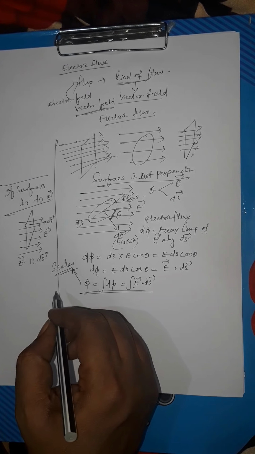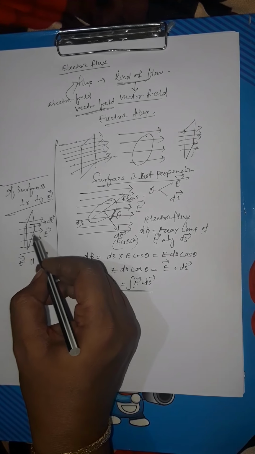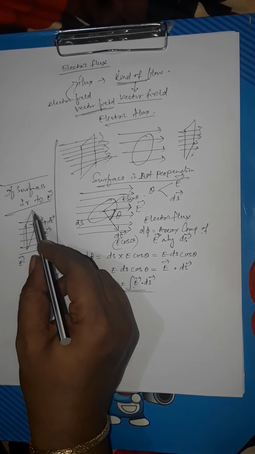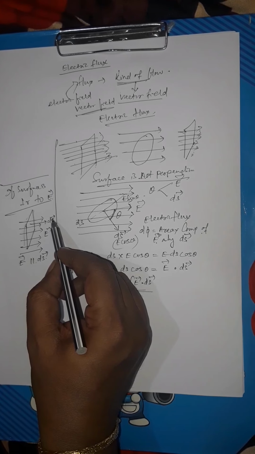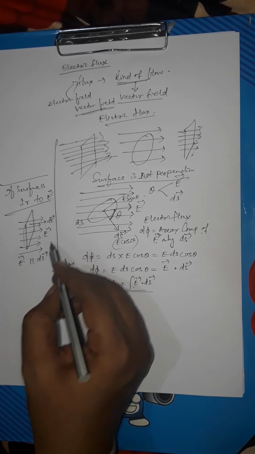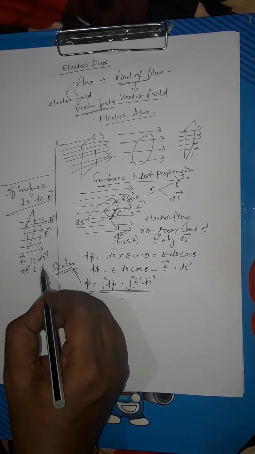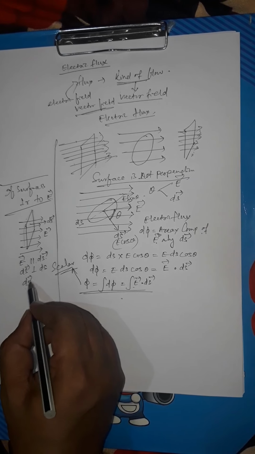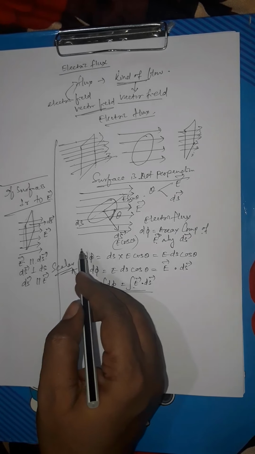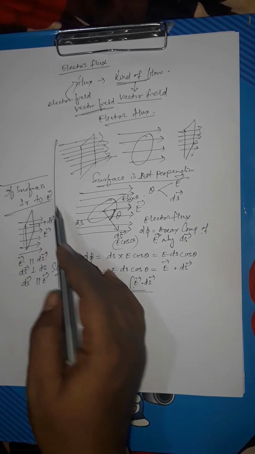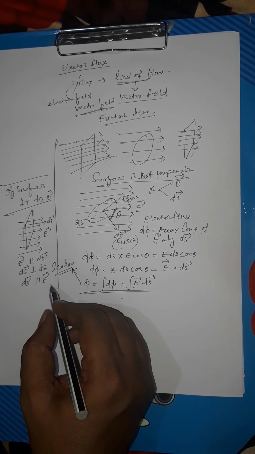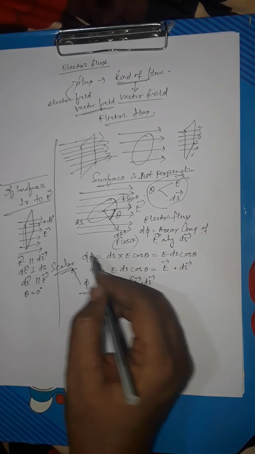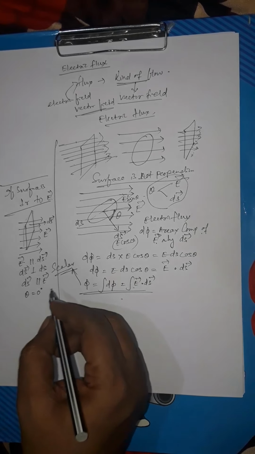Don't confuse that, because whenever the surface is held perpendicular to the electric field, ds vector is perpendicular to the surface, so ds vector is parallel to E vector, and theta is equal to 0 degrees.